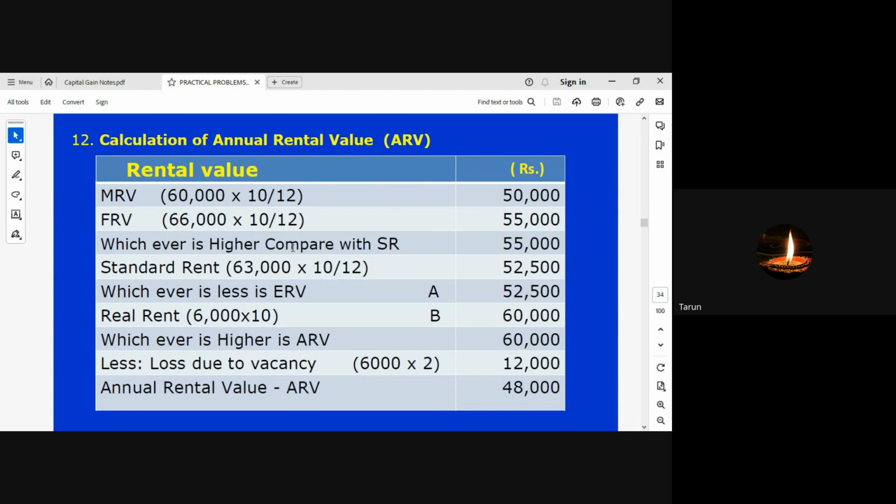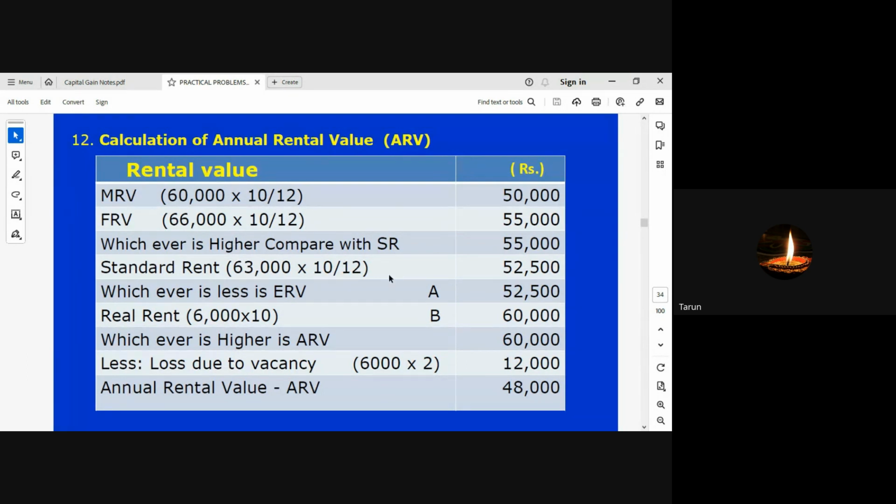Whichever is the higher value, that value will be considered, and later it will be compared with the standard rent. So let's compare the MRV and FRV: whichever is higher is 55,000. Now this higher value will be compared to the standard rent.